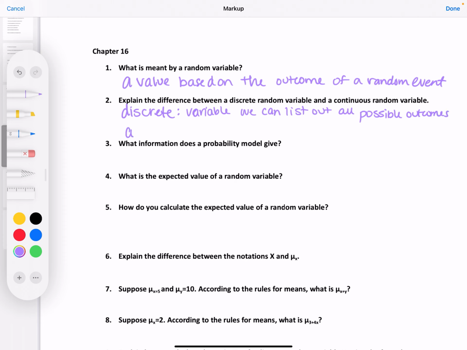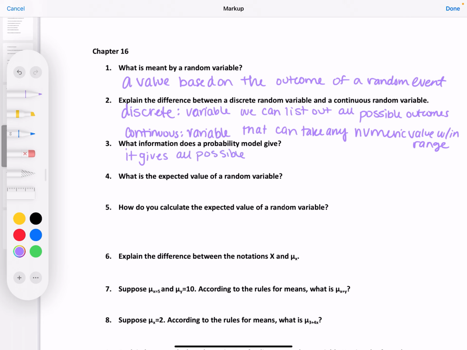Continuous is a variable that can take any numeric value within a range. What information does a probability model give? It gives all possible values and their probabilities of occurring.